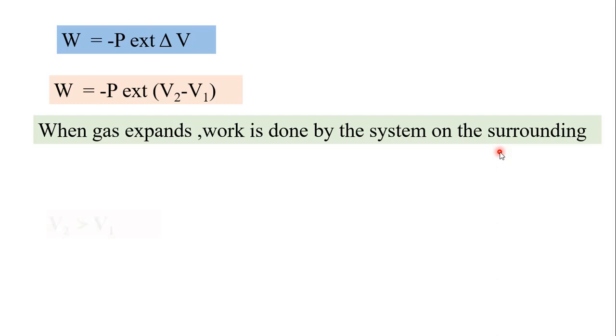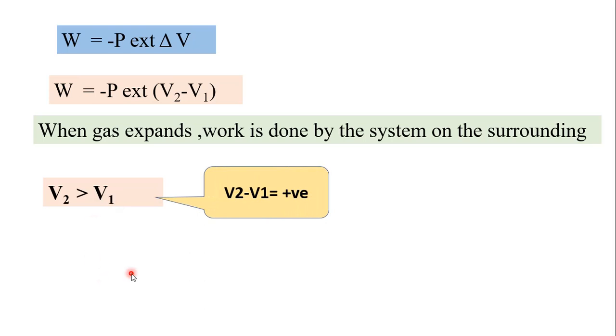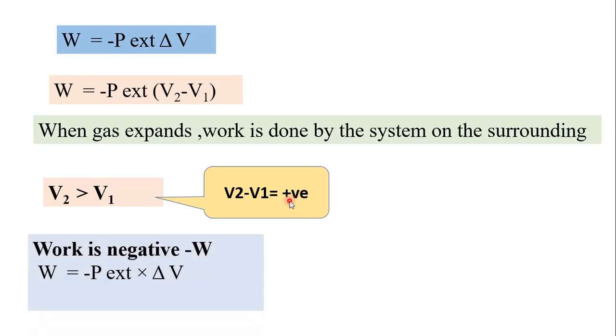Here V2 is greater than V1, so V2 minus V1 is positive, and delta V is positive. So the work is negative, because W is equal to minus P external into plus delta V. Therefore W is negative.